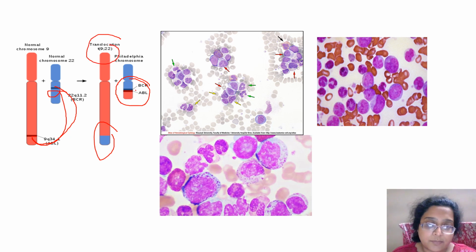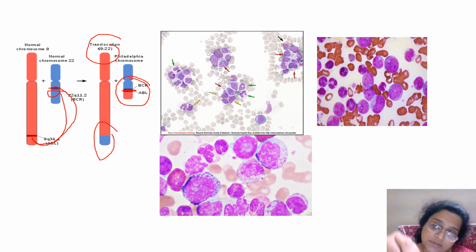And over here there are breakpoint regions. There were regions at which this break took place, and there were alleles over there. Those alleles are labeled as P210 and P190, and then within those alleles there are regions where the break took place, and those are known as B1, B2, B3, B4.